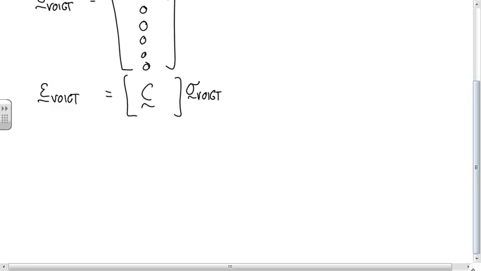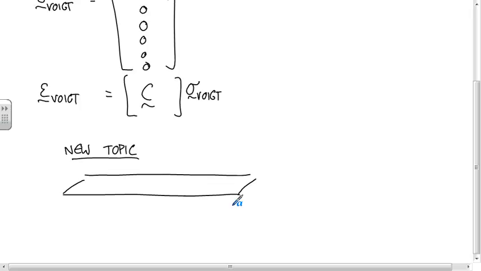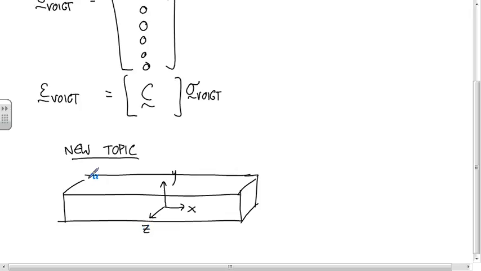Okay. The next topic. Think about this for a second. Think about a beam, and the coordinate system is like this. There's X, there's Y, and there's Z. And what can you do to this?